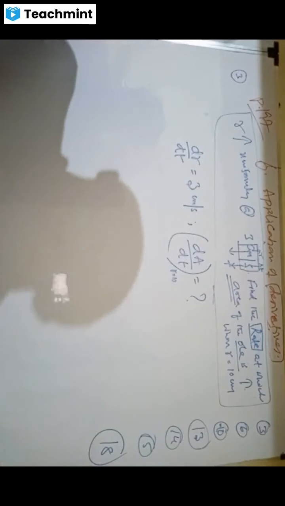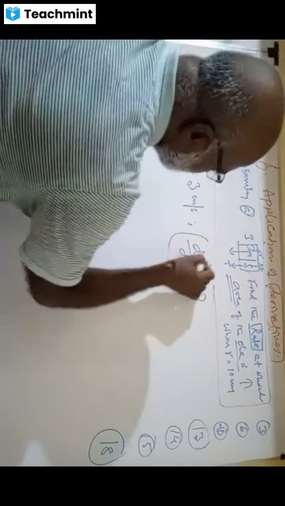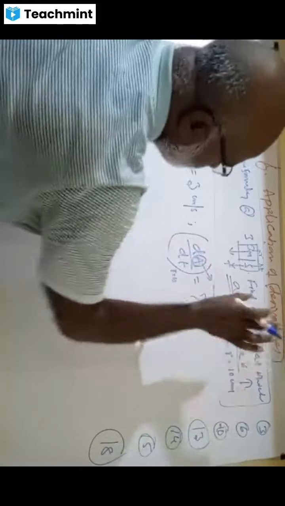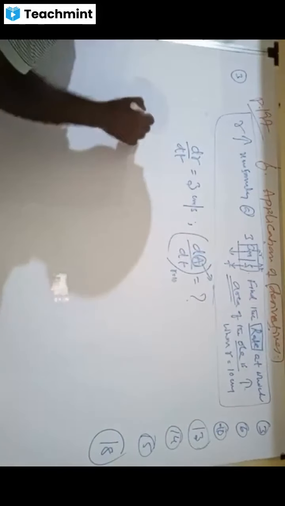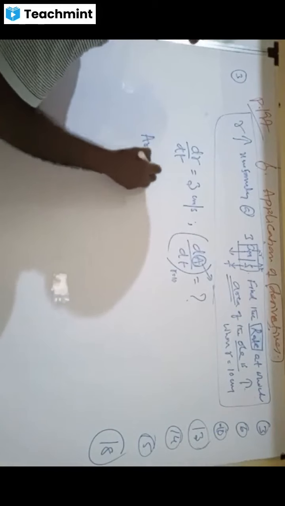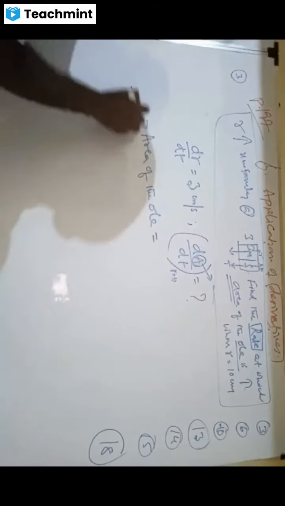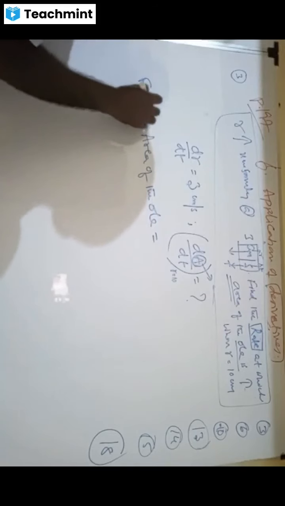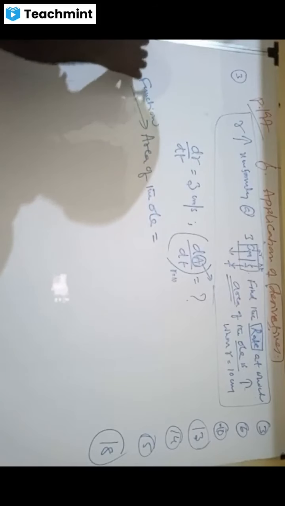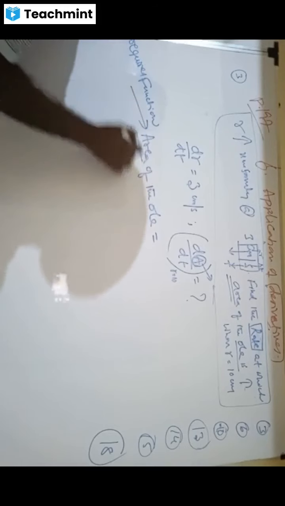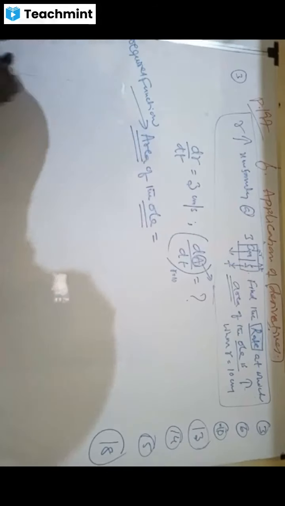Here area is our function of interest, a required function, and the circle is our object.